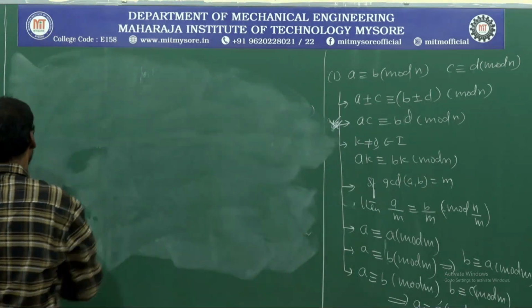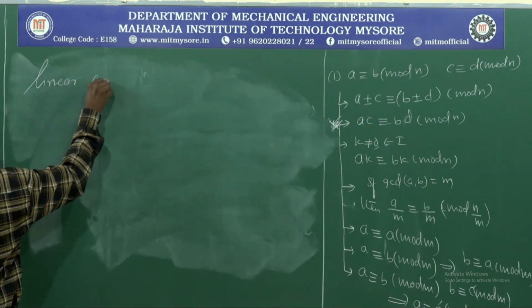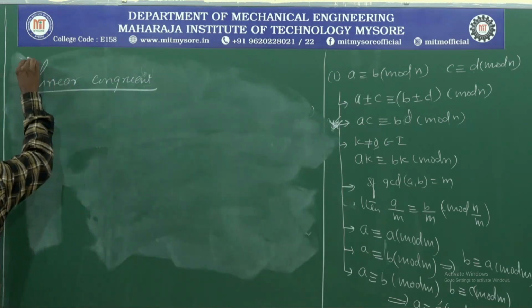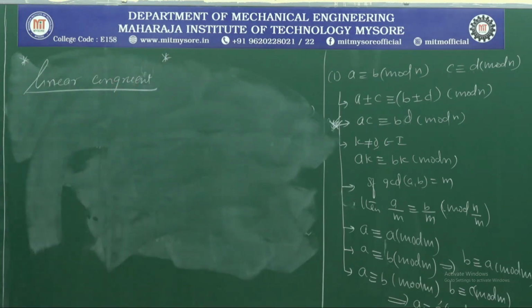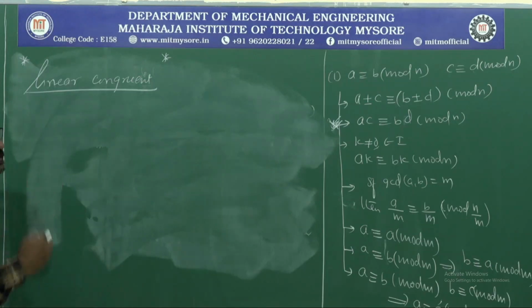Now we have linear congruence. From here you should be cautious and careful and try to recall the information which has been given to you in the previous classes, you need to call back.